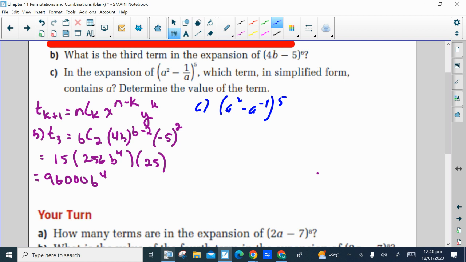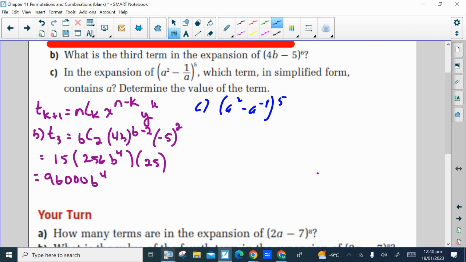Each term, if you did the entire expansion, would have an a to a positive exponent times an a to a negative exponent. You'd simplify those by adding the exponents together, and that would give you the simplified power on a for each term. So it's not really straightforward how we can find out which term contains the a, or a to the power 1.